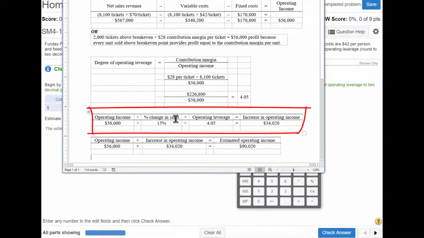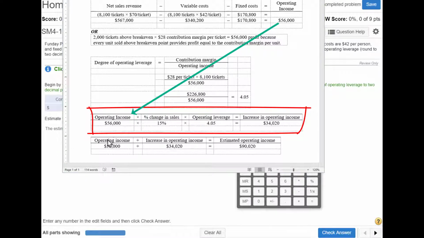Then we multiply that by our operating income, which is $56,000, and that gives us our increase in operating income. Where did we get this operating income? We got it from up here. We multiply it by 15% and by our operating leverage of 4.05, and we get an increase in operating income of $34,020.